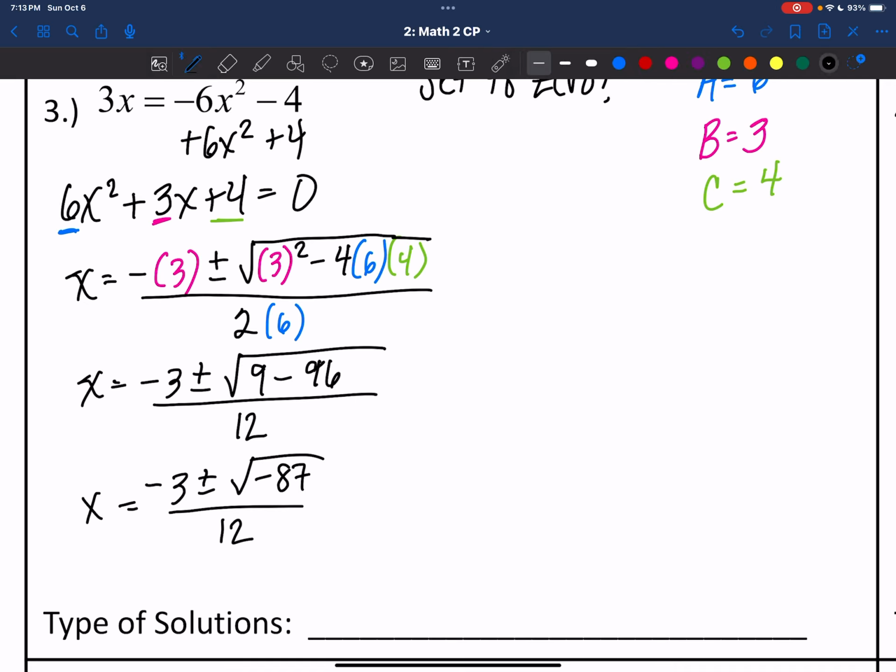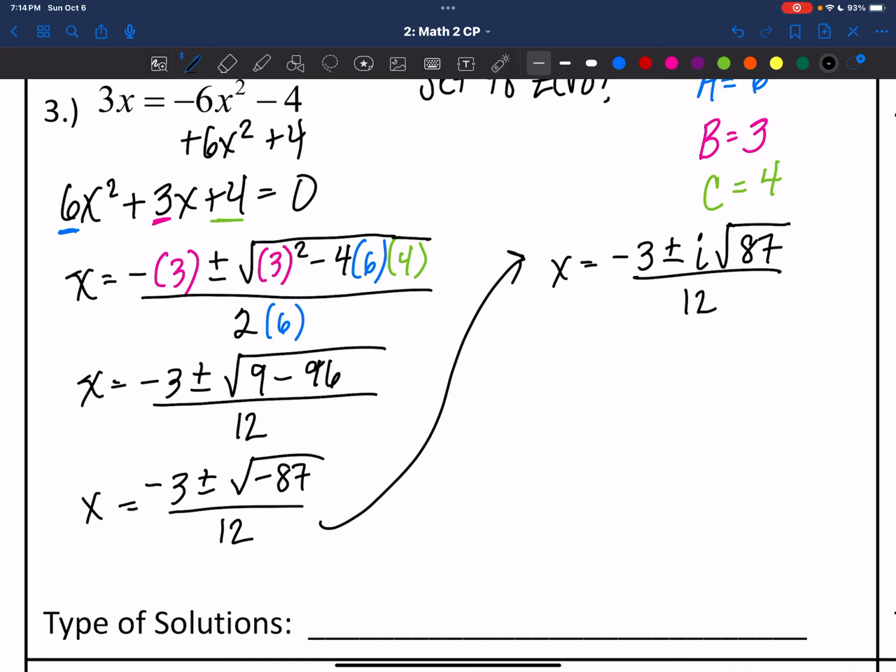We're going to get negative 3, and I know it's going to be i root 87 over 12. You can leave it like that, or you can simplify more. Remember, we talked about how this can simplify as a fraction, and this goes with that also.